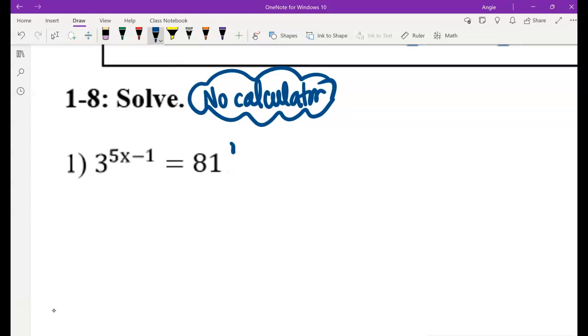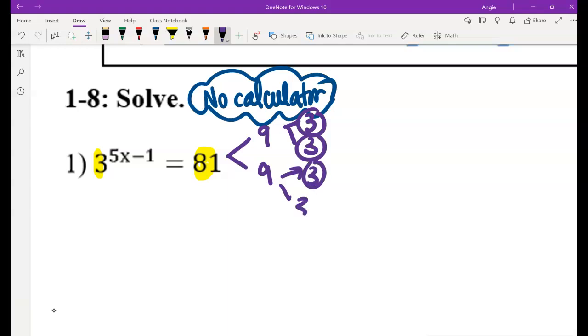Now 81 could be thought of as 81 to the first power. The base here is 3 and over here is 81. They're clearly not the same, so we break 81 into 9 times 9, and 9 is 3 times 3. Those are prime, so 81 is going to be 3 to the 4th power.